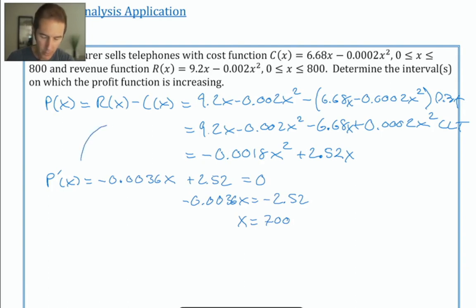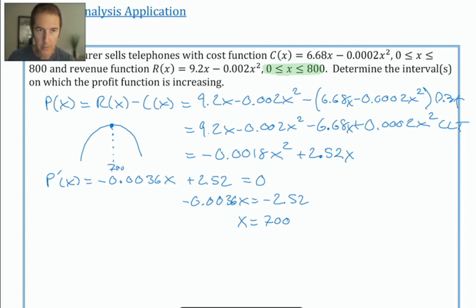If you go back to looking at our parabola, if this is the only point, we know that it's an upside down parabola, the original graph of our profit function. This must be the point where x equals 700. And we're only working on the interval. If you look at the original problem toward the top of the screen, a little bit right of center, we're only looking at this interval where our x values are between 0 and 800.